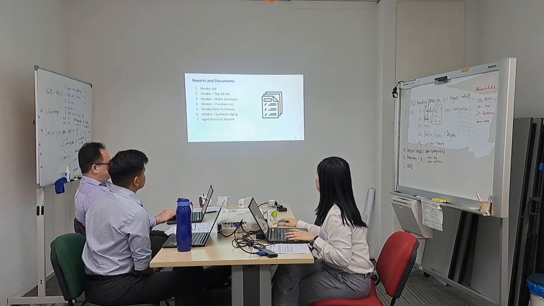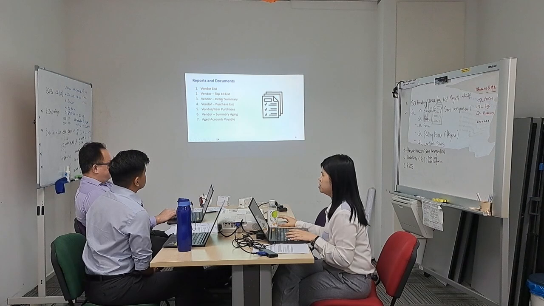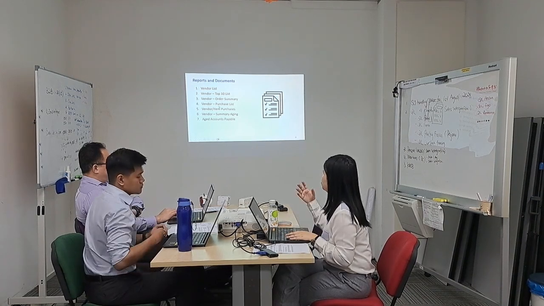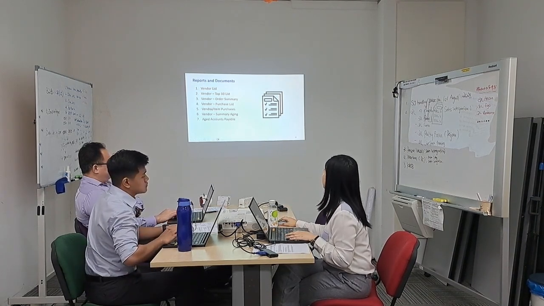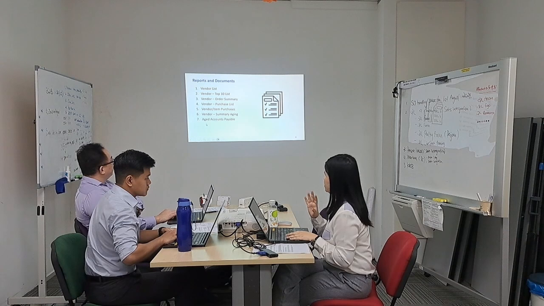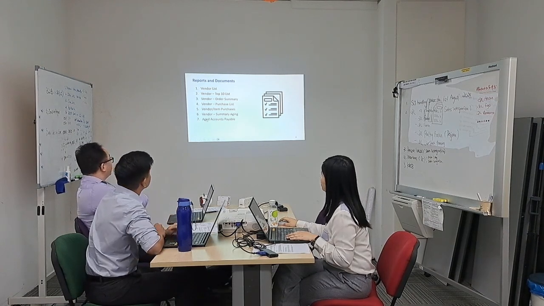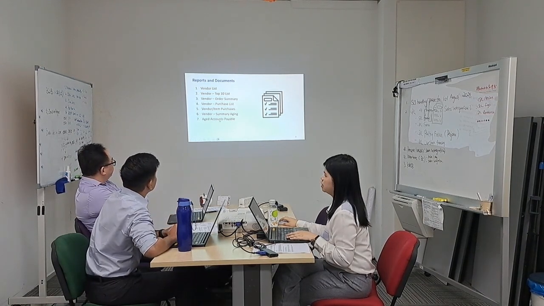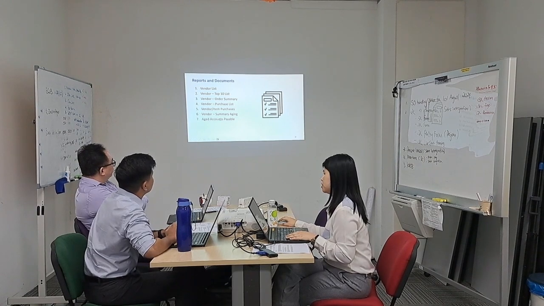And then you can also see the order summary, which shows what you purchased from the supplier. For the AP side, they will mostly focus on the aged accounts payable, which is the aging report.